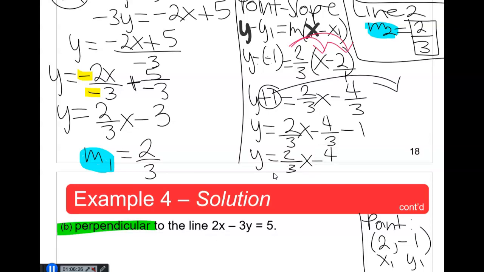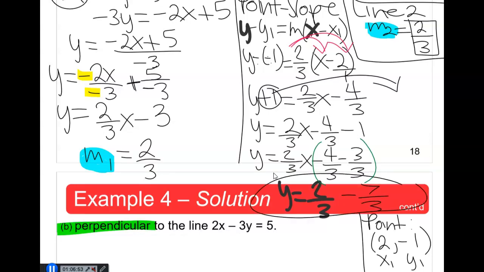So this is 4/3 minus 3/3. And so the final answer will be y is equal to 2/3 x, and from here we will be getting minus 7/3. So this is the final answer to part A.